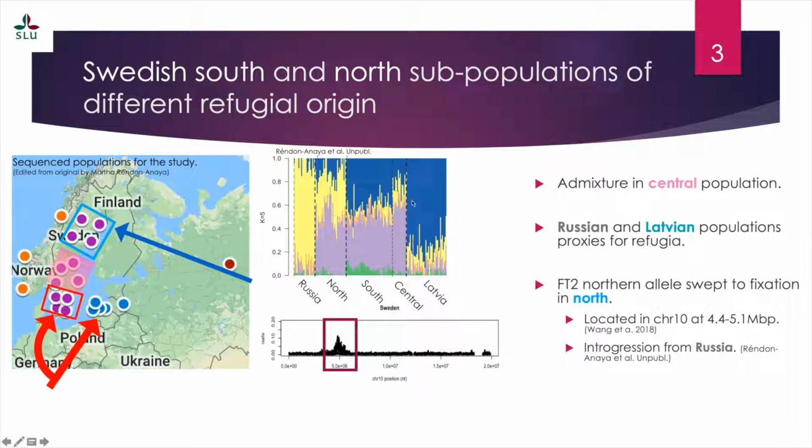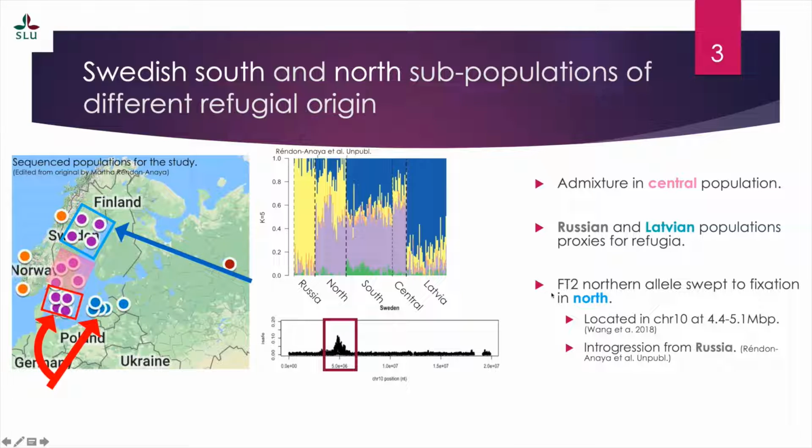However, conversely, there is a lot of Latvian influence in the south and central population, while that is far less in the north population. So following this, I will be using the Russian and Latvian populations as proxies for the Eastern and Central European refugia respectively.